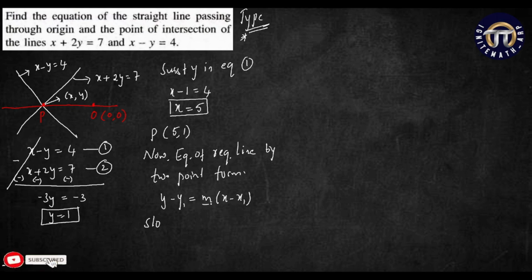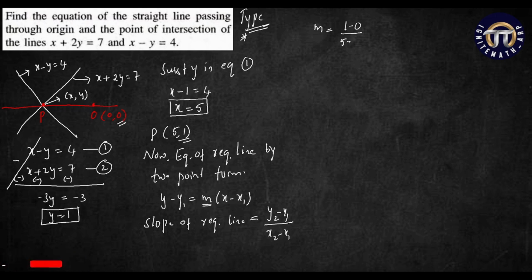Because m is there in the equation, the slope of the required line is given by y2 minus y1 by x2 minus x1. So y2 minus y1 in the sense, see, one is 0 comma 0, another is 5 comma 1. So I can say it is 1 minus 0 over 5 minus 0. The slope of the required line would be 1 by 5.